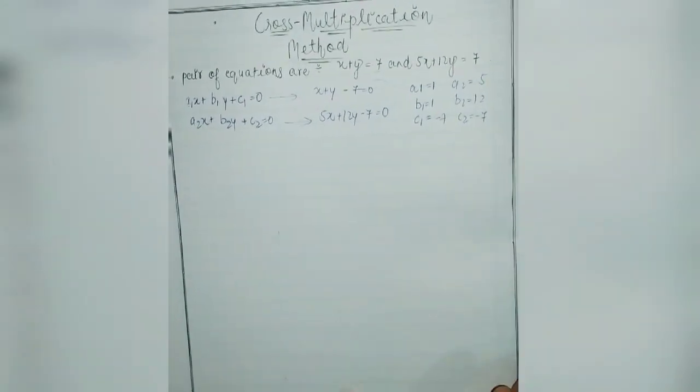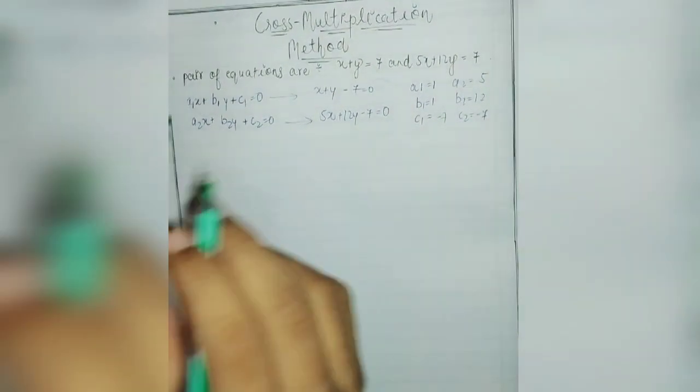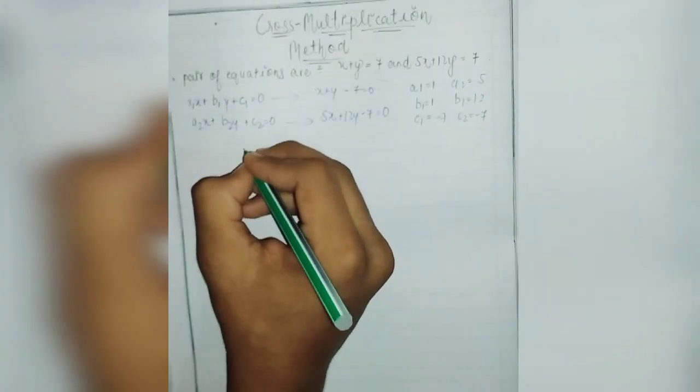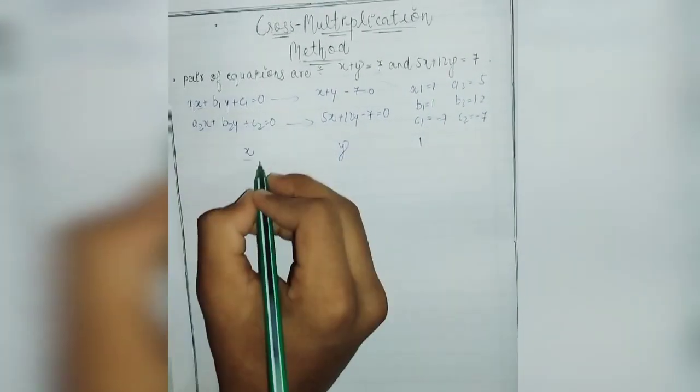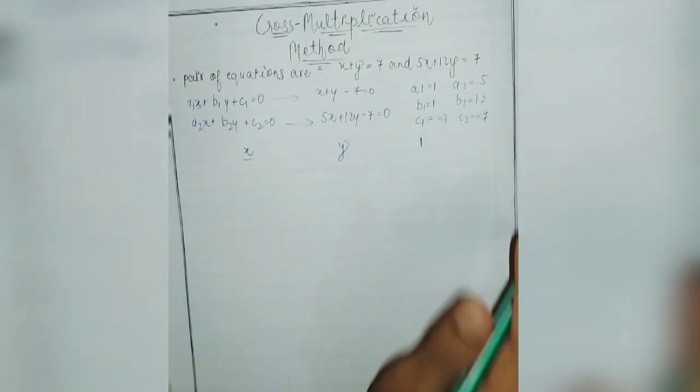Now we need to know the formula of the cross multiplication method. So what is the formula? Write x, y and 1. x and y are the two variables, and 1 is the constant.